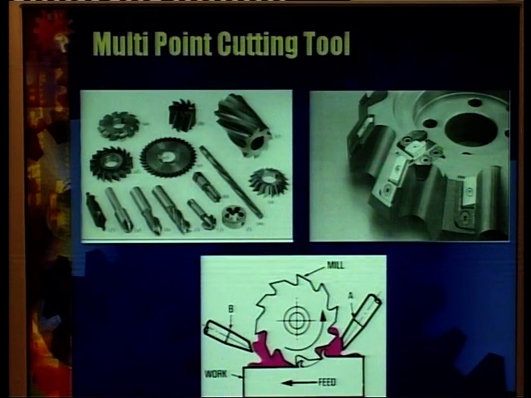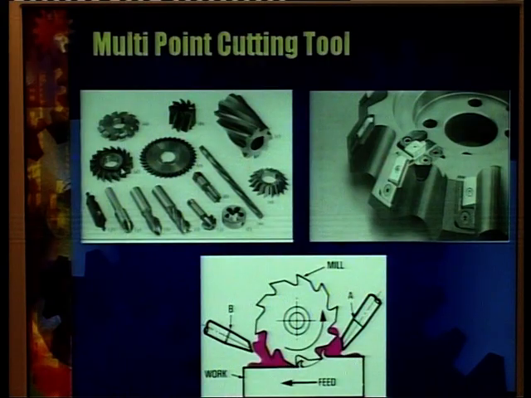We can see in all these pieces that there are a number of cutting edges on the periphery of a ring or on a drill bit. These edges are responsible for doing the cutting to be done by the machine, and they are fed into the workpiece intermittently, as has been shown in the working of this milling machine. These three cutters are milling cutters.